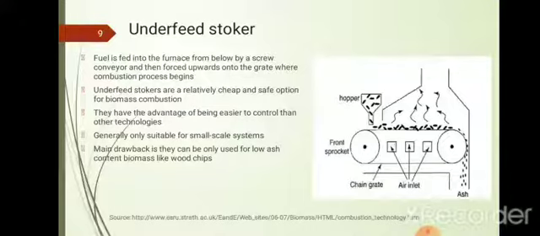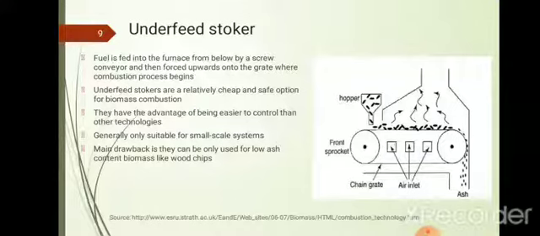So as you can see, it's very difficult if our biomass has very high ash content. It will be difficult for the ash to be removed properly, because we only have a small provision for the ash to go down. So this will create a problem if you are using biomass with high ash content.